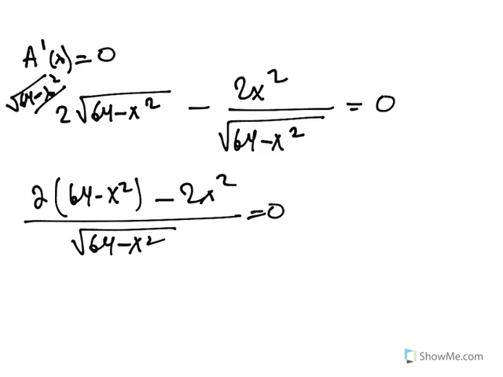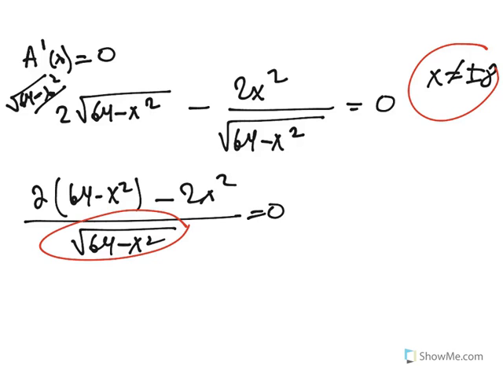Now notice that on the bottom here you have this expression and it can be equal to 0. What makes that 0? x equals plus or minus 8, right? So these are the bad values. All right, so let's see. The top expression set equal to 0.